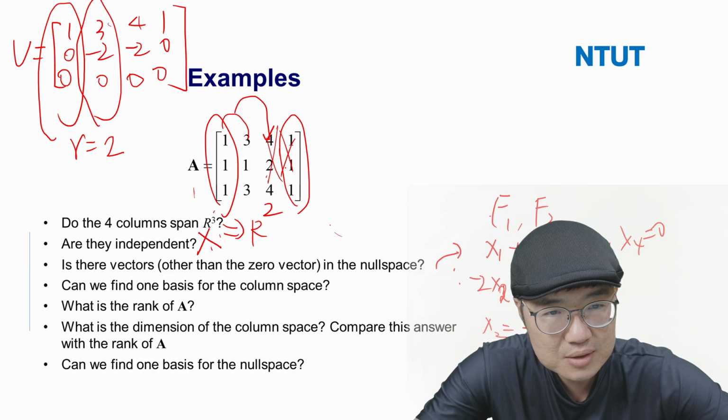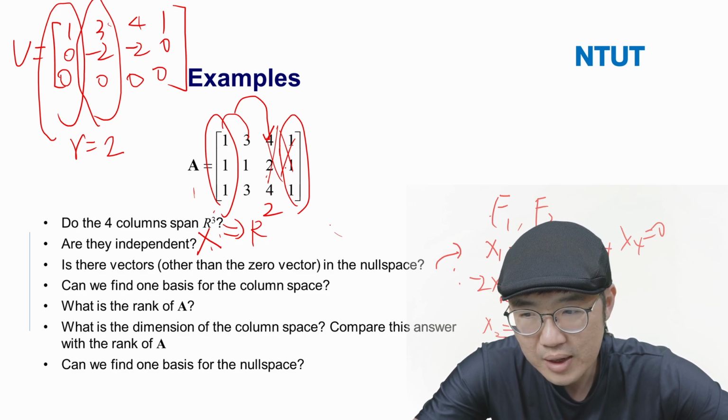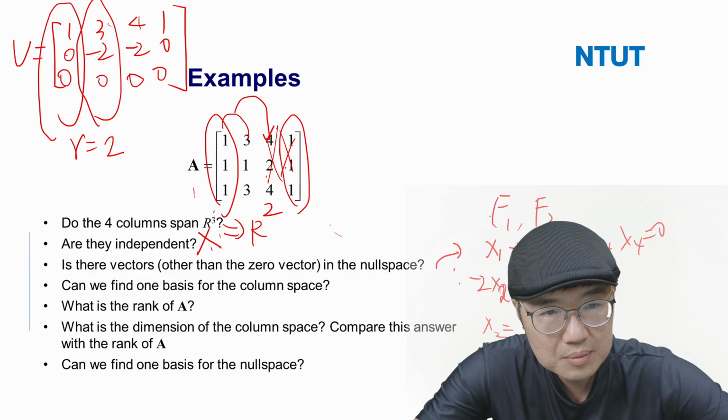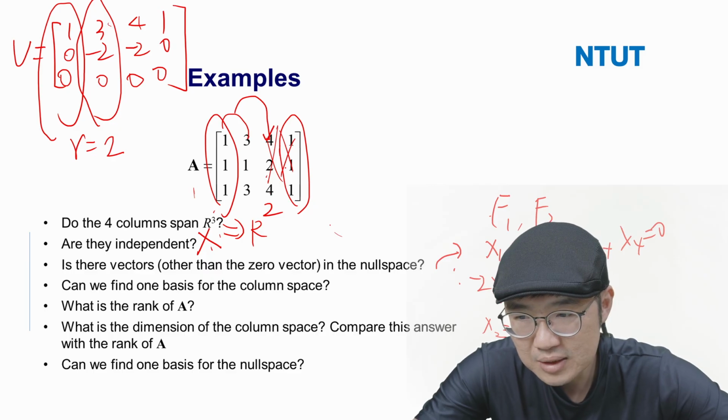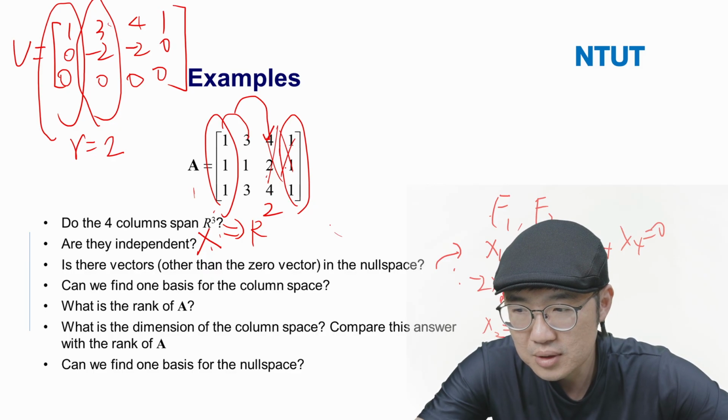The purpose is to make each pivot variable a combination of the free variables, and x1 will be minus x3 minus x4.